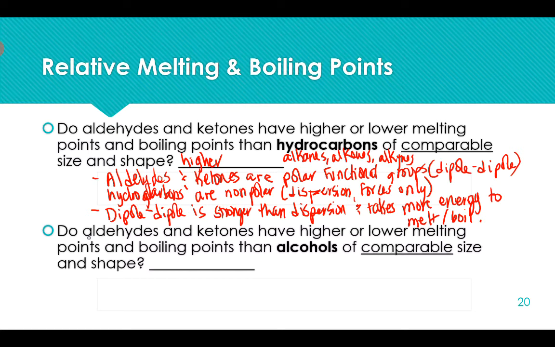Now let's think about our aldehydes and ketones versus alcohols. Our alcohols are going to have the higher melting point and boiling point. So our aldehydes and ketones are expected to have a lower melting point and boiling point.